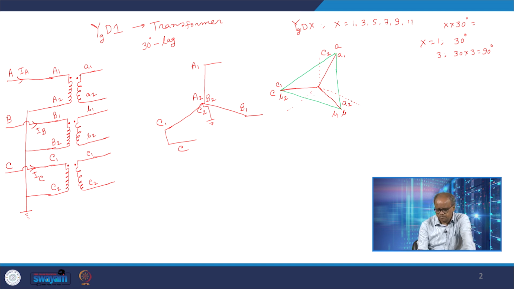Now with this phasor diagram, we have to reflect these connections at this side. So what does it show?